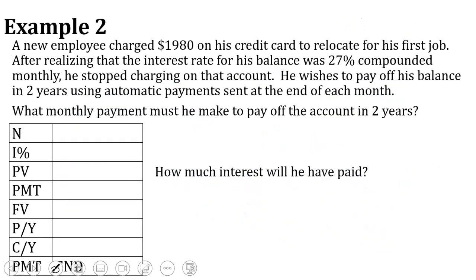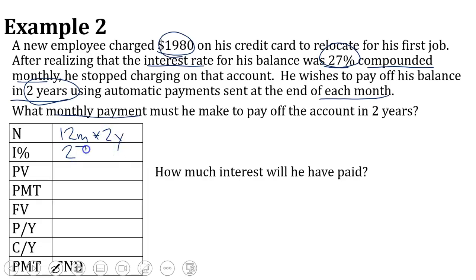A new employee charged $1,980 on his credit card to relocate. After realizing the interest rate was 27% monthly, he stopped charging. He wishes to pay this back in 2 years, each month. So what is our monthly payment? All right, so we pay every single month for 2 years.